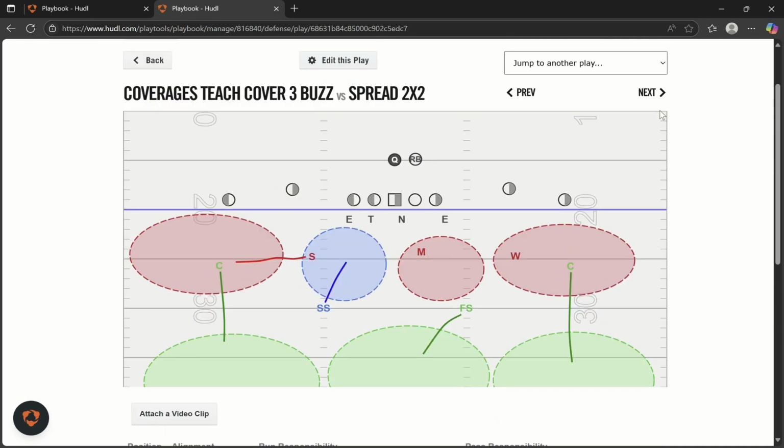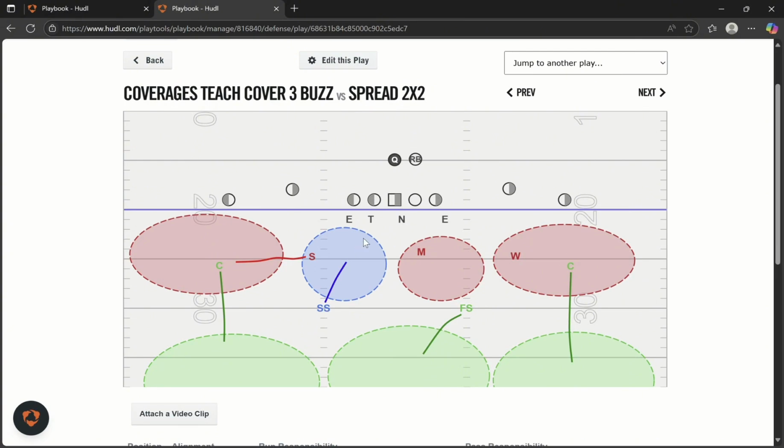The last one in the cover 3 series is cover 3 buzz. That's the last one we're going to go over. All this does is change where the strong safety is going to play. He is now going to buzz down into the curl zone.